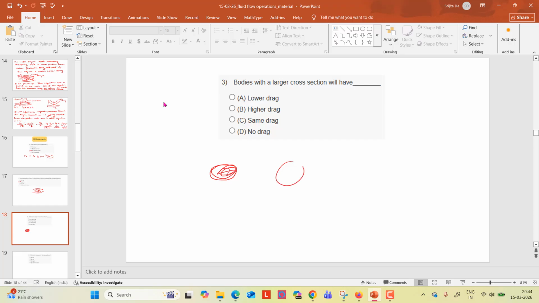So the cross sectional area is higher than this, or you can think of it like this. So here the cross sectional area is much higher than this portion, right? So it will lead to higher drag, because here the pressure drag is higher than the shear drag. If the pressure drag is high, the overall drag will be high.